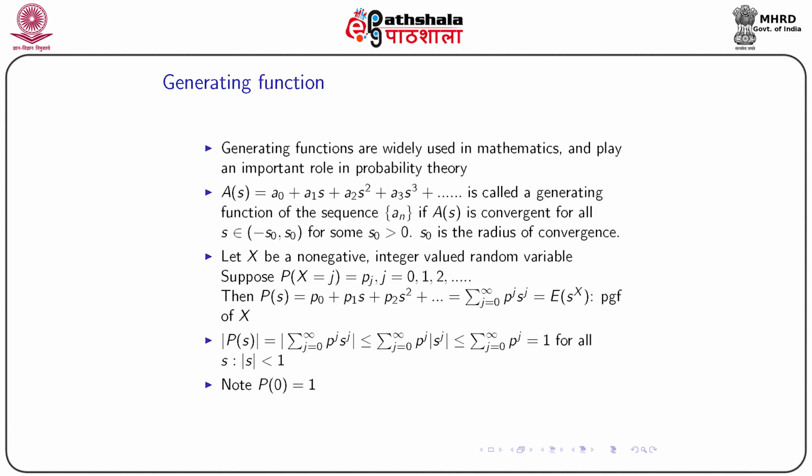We know the sum of all the probabilities is 1. Whenever the absolute value of s is less than 1, |P(s)| is less than or equal to 1. So that means whenever s lies between -1 and +1, this probability generating function is convergent.